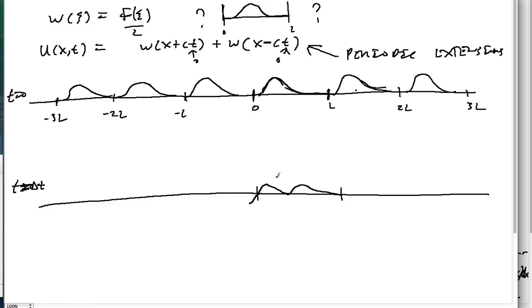But I should say this is an odd periodic extension. You know, I drew this all wrong. Sorry guys, I made a mistake. This has to be the odd periodic extension. So that'll be like that. Looks like that. And that's going to cause this to move this way.